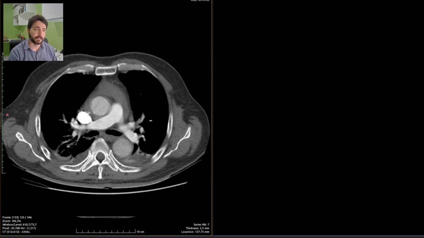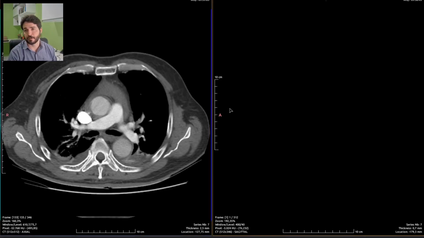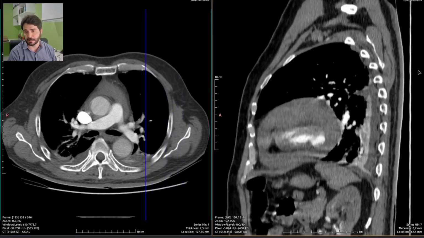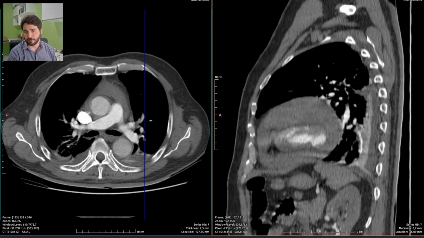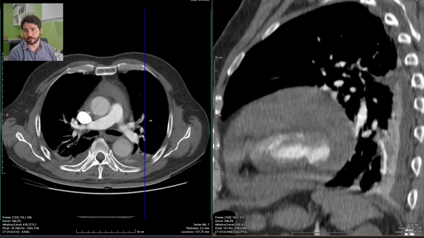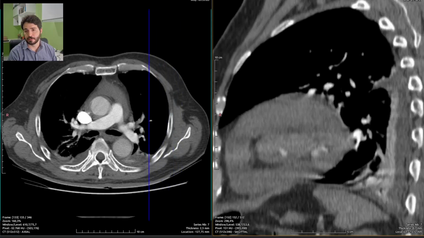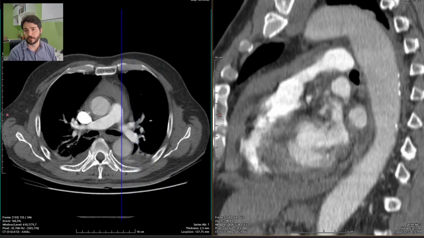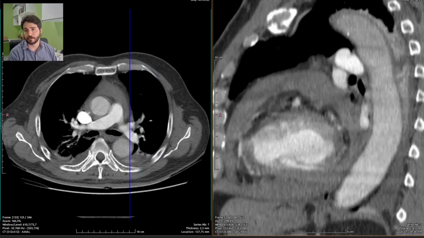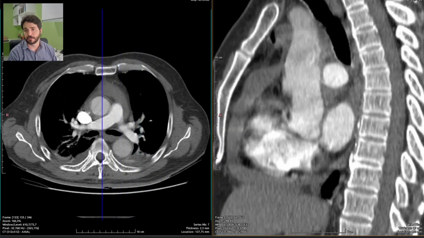So let's put it here, compared to this side, so you can see what's right and what is left. So this is left. The vessels are right here, so I'm going to increase the zoom. So zooming in and looking for arterial filling defects.